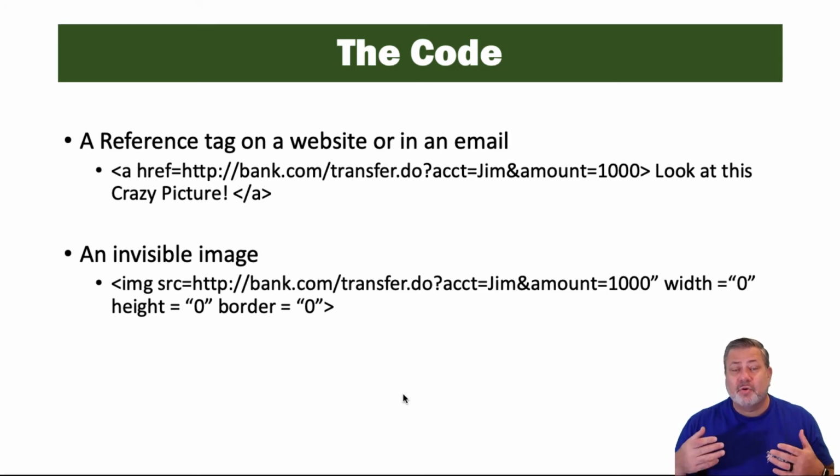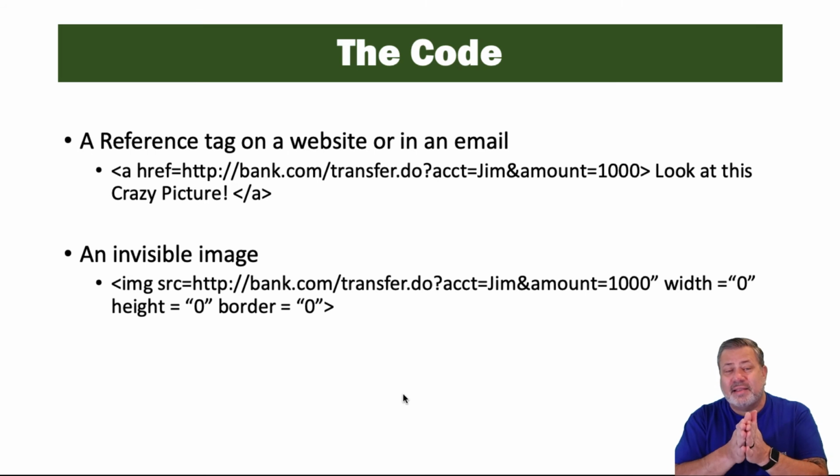So it could also be an invisible image on a website or in a web form, which is that second one. The image source is going to be from the banking site when we're talking about doing a transfer to Jim's account in the amount of $1,000, and then we see that the width and height of this image are 0 with the 0 border. So that means there's no space there.